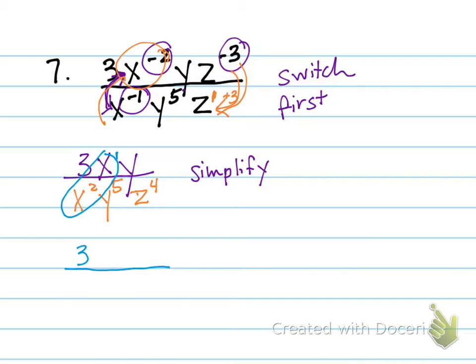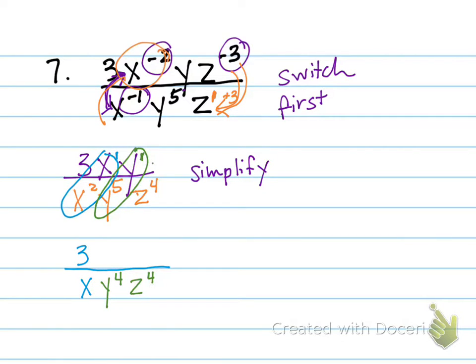The number is bigger on the bottom, so that leaves me with just an x on the bottom. Then I have y over y to the fifth. So my exponent is larger on the bottom, so 5 minus 1 would become y to the fourth. And then there are no z's, so I leave this as z to the fourth.